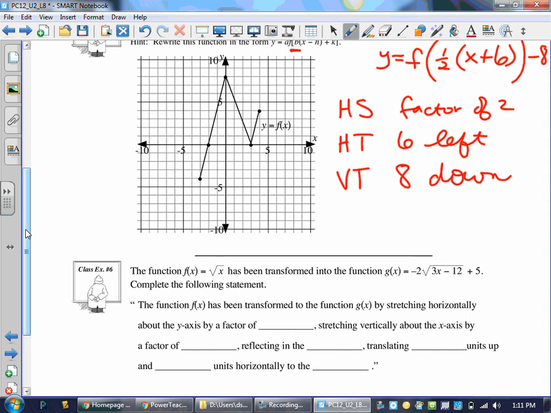Horizontal means all the x values of every point are multiplied by 2. So I'll start here. 1, 2, 3. This is -3. I'm going to multiply that by 2. It's going to go to -6 right there. What used to be at -2 here is now multiplied by 2, which is -4.